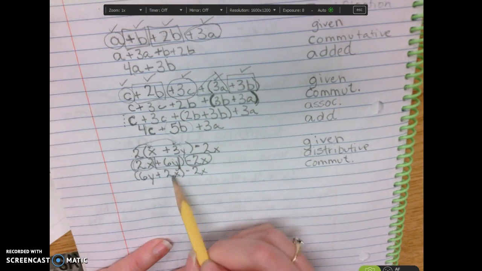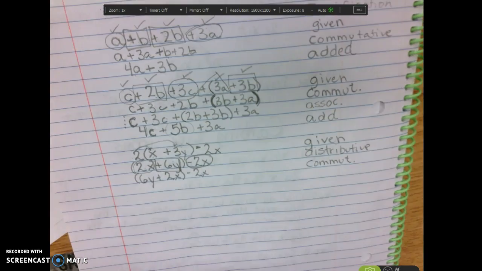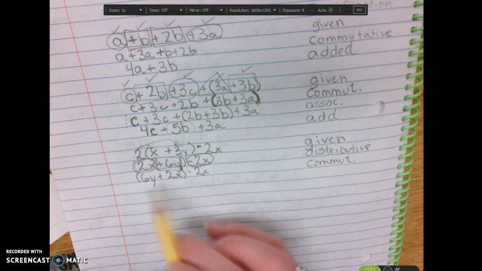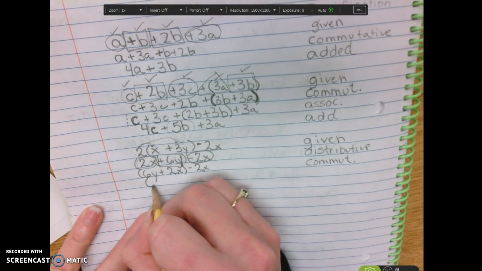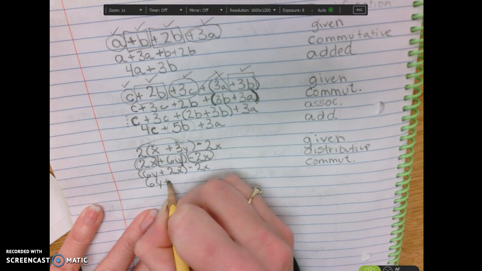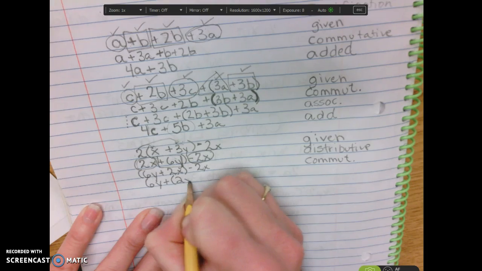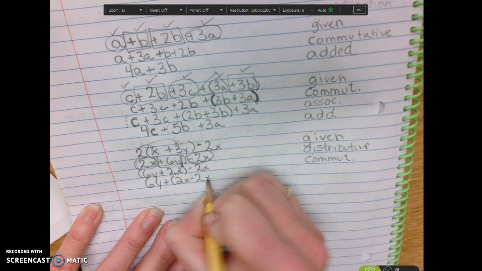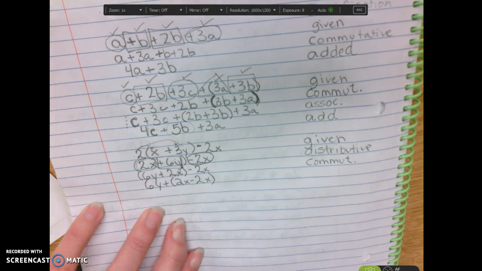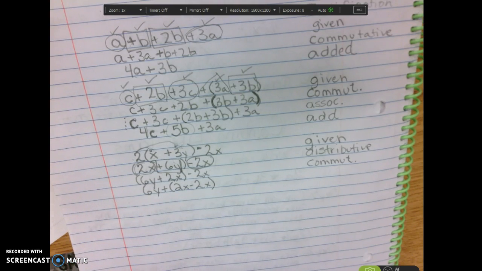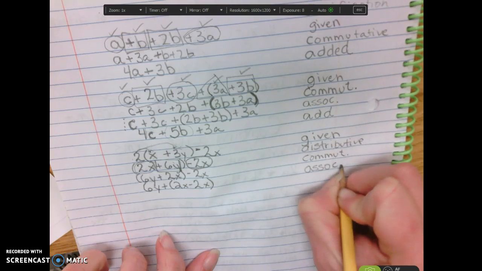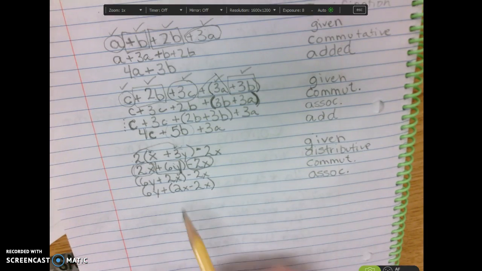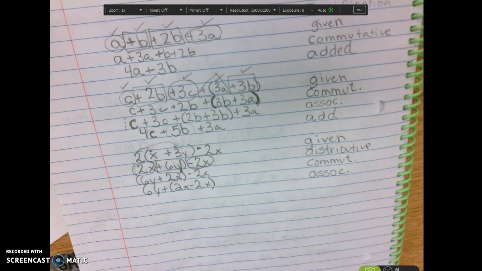Now, I need these to be grouped together. Well, how can I group these together? If these are already grouped together, the associative property allows me to change my groups. So I'm going to do 2x minus 2x and just change my parentheses there for my groups. So that's the associative property. Now I can combine like terms because I have 2x minus 2x.